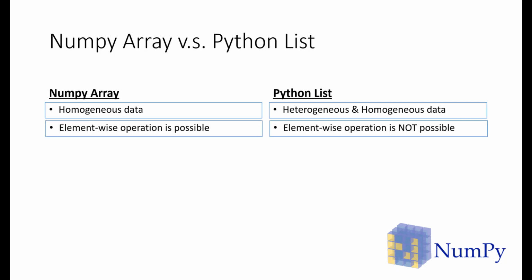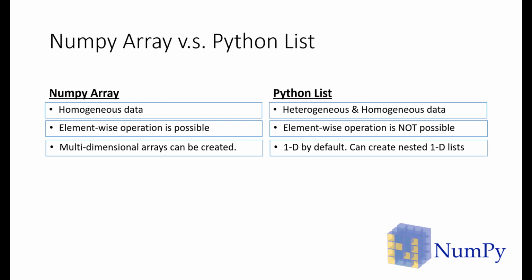The next difference is element-wise operation is possible in a NumPy array, whereas it is not possible in a Python list. We will see this with a coding example later in this video. The next difference is multi-dimension arrays can be created with NumPy arrays, but a Python list will always have one dimension by default.